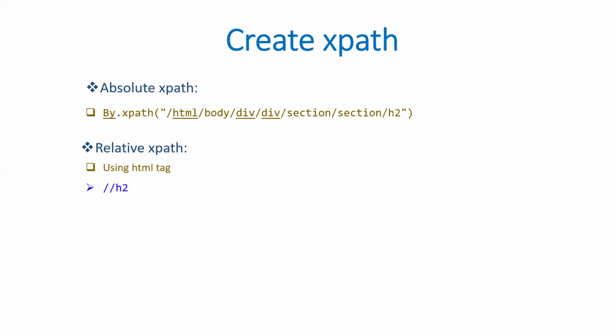Okay, guys. See how to define XPath using just an HTML tag. Like this, we can define double slash h2. What does this mean? Double slash h2 means the WebDriver will search the web page for the element with the HTML tag name h2.